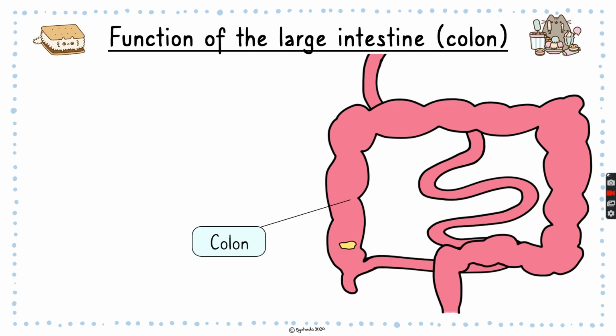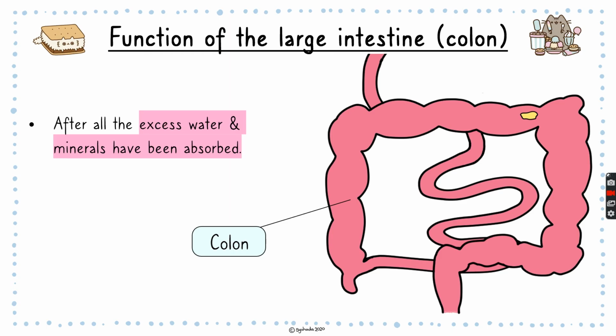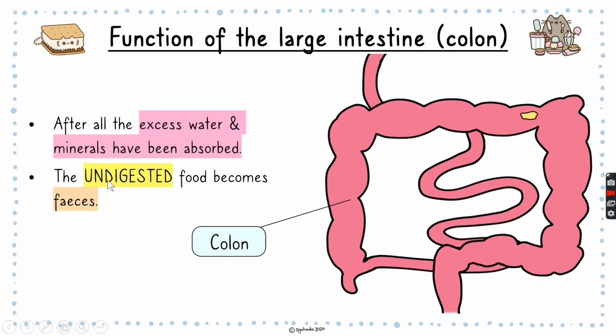And for the large intestine, the colon, the food passes through and the colon absorbs mineral salts and water. So after all the excess water and minerals have been absorbed, you're going to be left with undigested food. So this means the food that you cannot digest anymore, and it will become your feces.